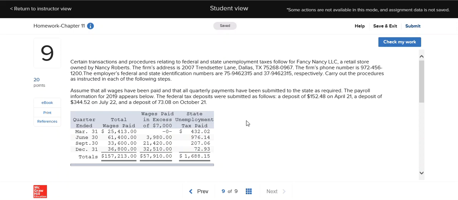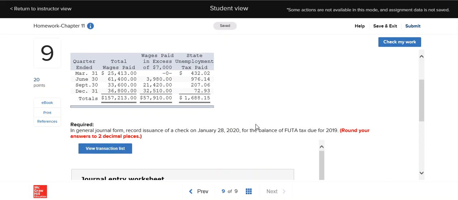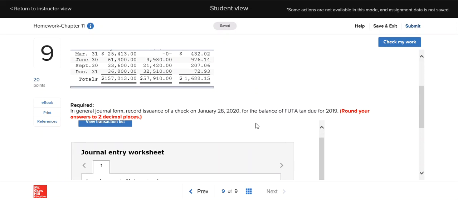It says, assume all wages have been paid and that all quarterly payments have been submitted to the state as required. Payroll information appears below. Federal tax deposits were submitted as follows. When it says federal tax deposit, it's talking about federal unemployment tax. So down here it says, in general journal form, record issuance of check for the balance of federal unemployment tax due.